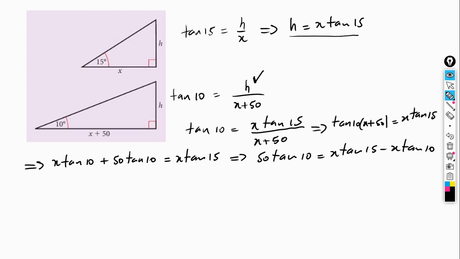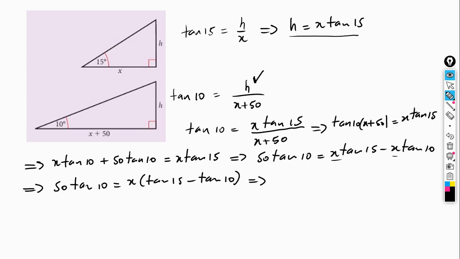So we can now factor out x from this expression to the right. So we can say 50 tangent 10 is equal to x times tangent of 15 minus tangent 10.